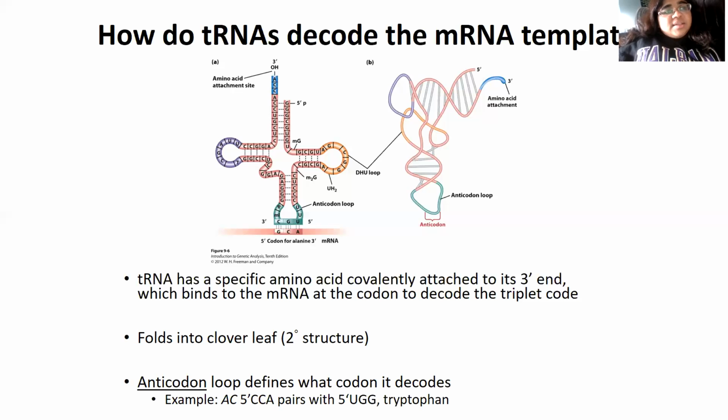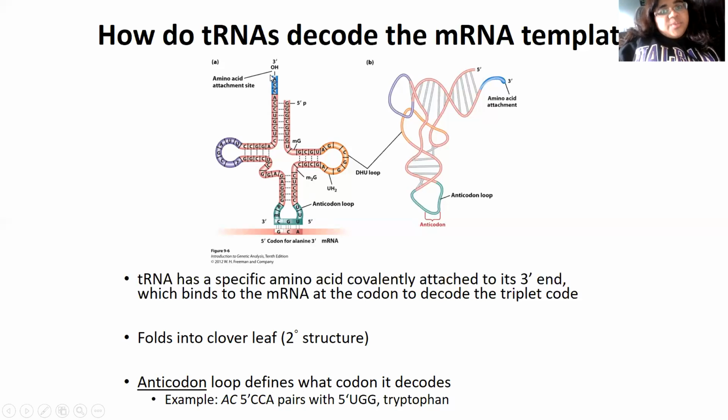Just a general understanding of tRNAs: they fold into a clover leaf shape. It is the secondary structure of the RNA itself. The anticodon loop is what defines which codon it decodes. So this anticodon loop determines which amino acid comes in.